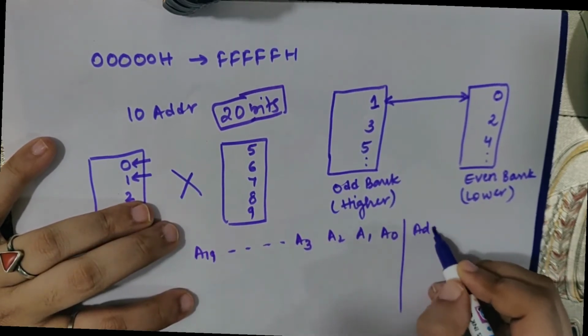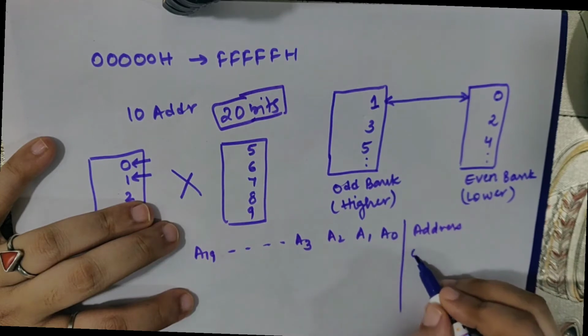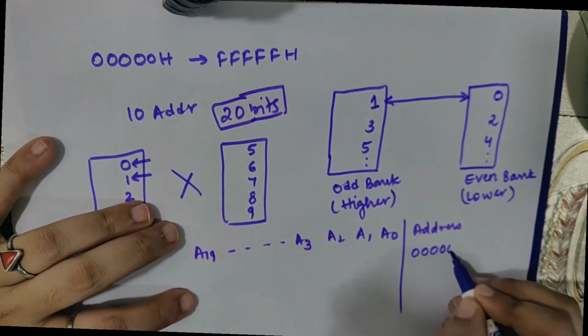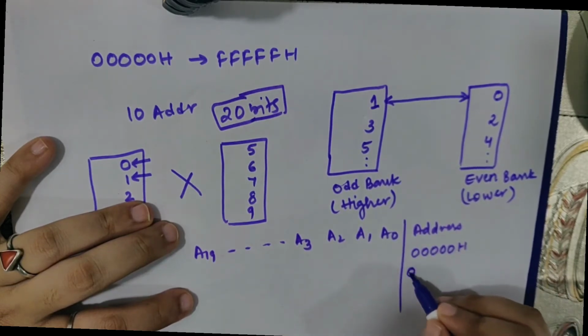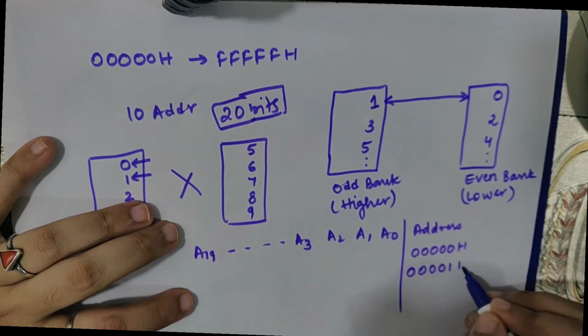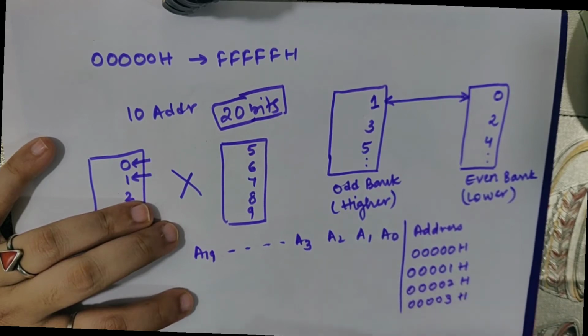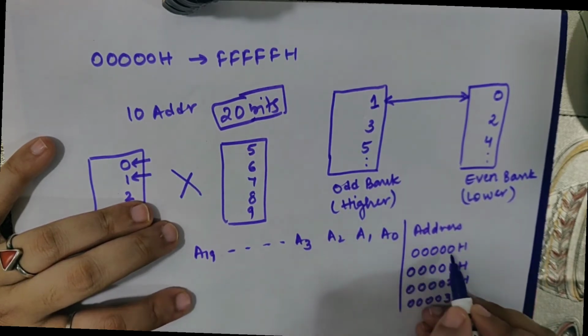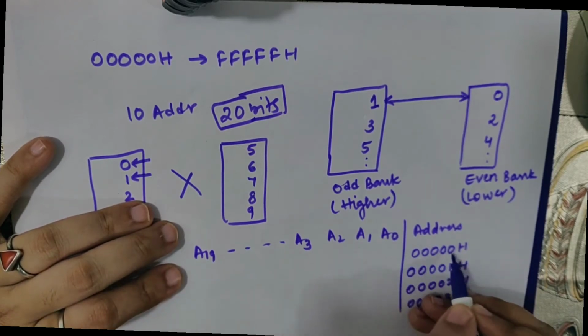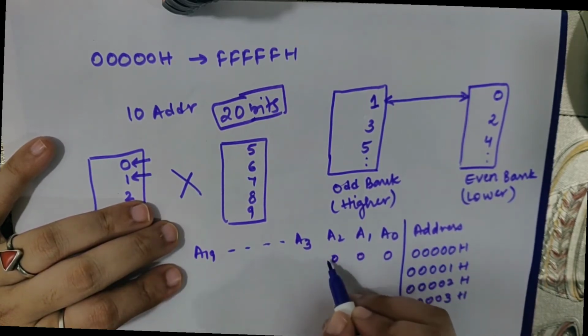And if my addresses are, let's say, the first address is 00000H, then 00001H, 00002H, 00003H, and so on. If I write this address in binary, it will be all zeros, 20 zeros.